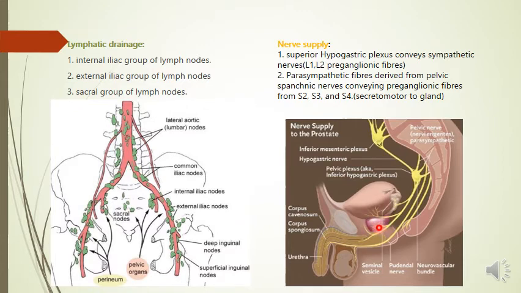That means the glandular secretions are formed upon stimulation from the parasympathetic fibers. And the superior hypogastric plexus forms the sympathetic nerves, preganglionic fibers from L1 and L2.